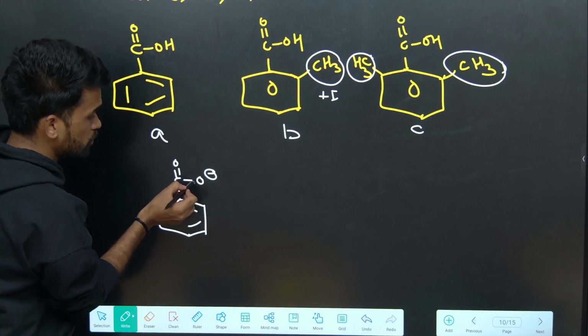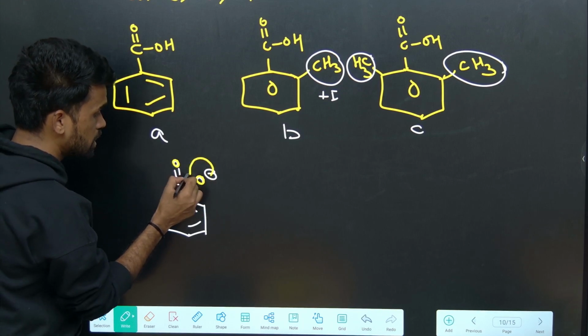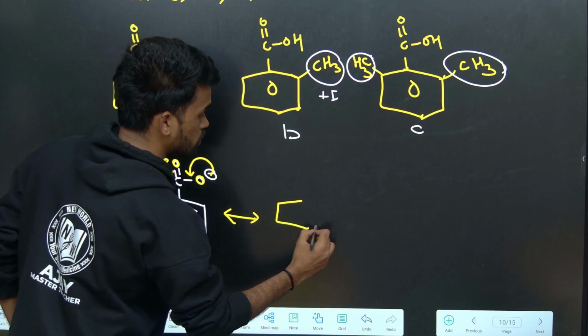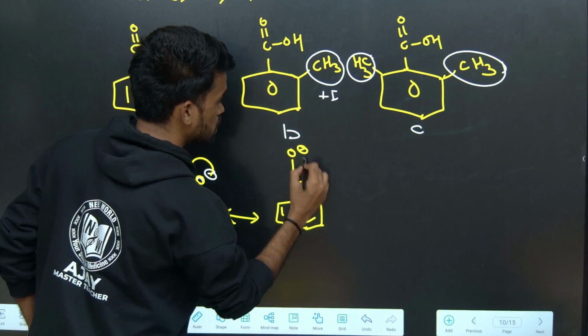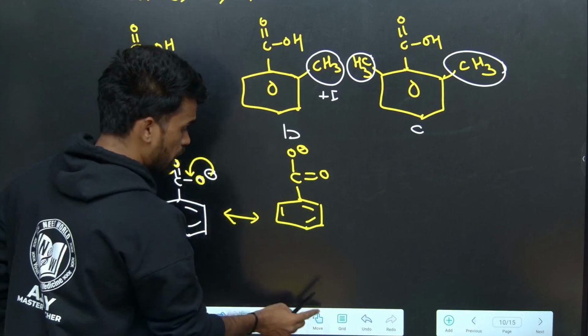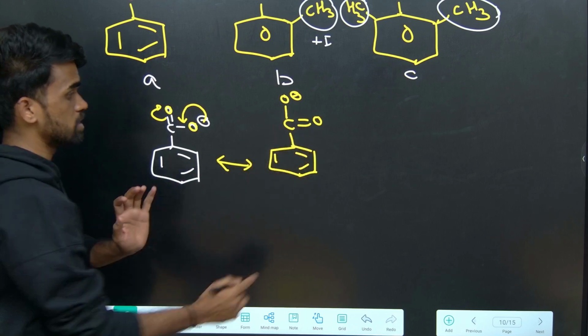Now see, if the conjugation is taking place between this oxygen and this oxygen, this type of conjugation is called equivalent conjugation. So I can write O minus and double bond O like this. This is the equivalent conjugation.